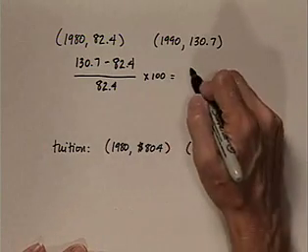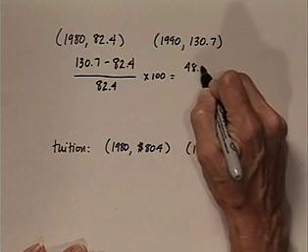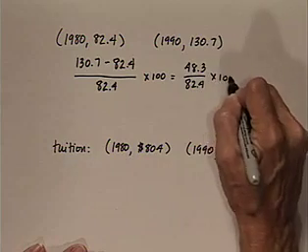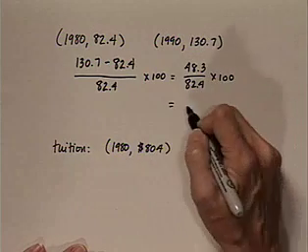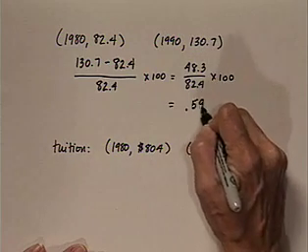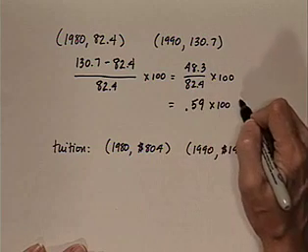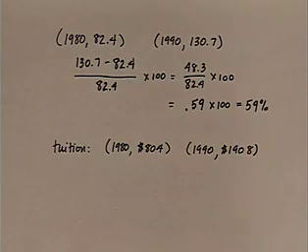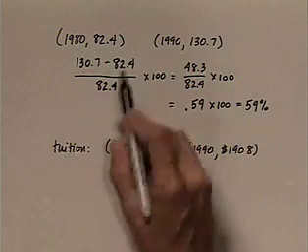If you do this subtraction, this comes out to 48.3 divided by 82.4, and dividing there, that's about 0.59, which times 100 says prices increased 59% over this 10-year period.